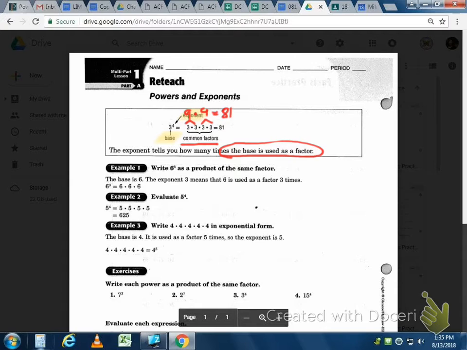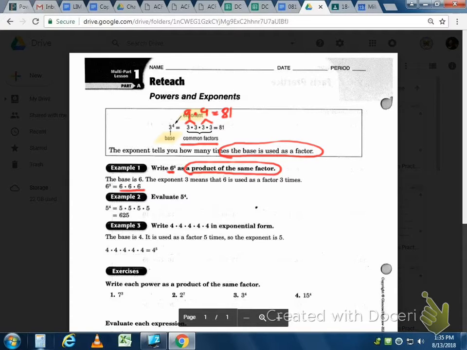What does product mean? Remember, it's the answer to a multiplication problem. So we're going to be multiplying. 6 to the 3rd power as a product of the same factor would be 6 times 6 times 6: the base, 3 times.